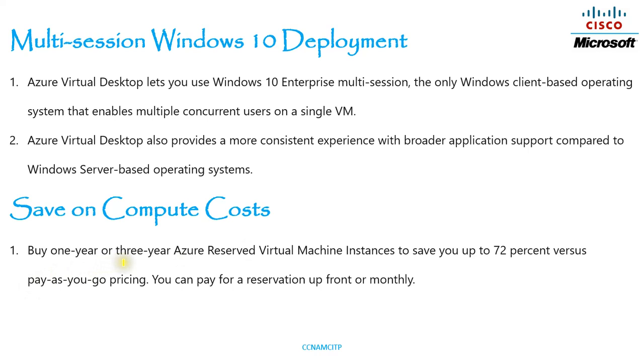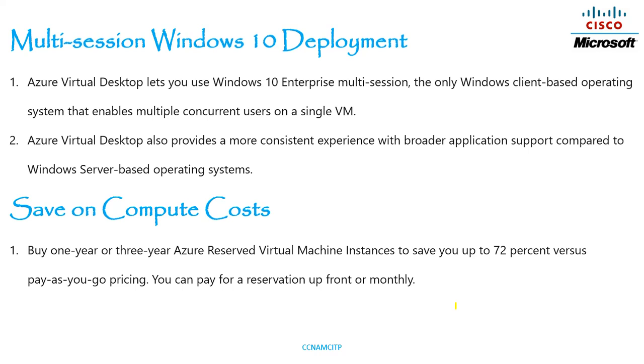Buy 1 year or 3 year Azure reserved virtual machine instances to save up to 72% versus pay as you go pricing. You can pay for a reservation upfront or monthly. So again it is up to your organization and the capacity to spend.